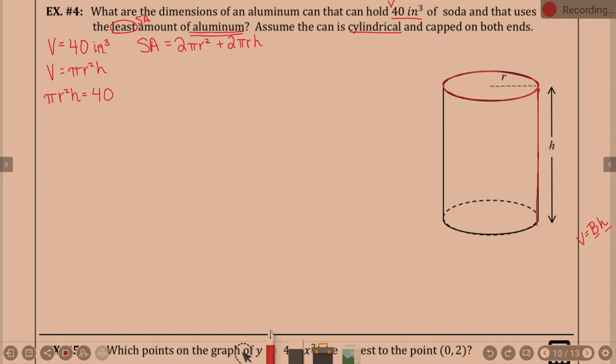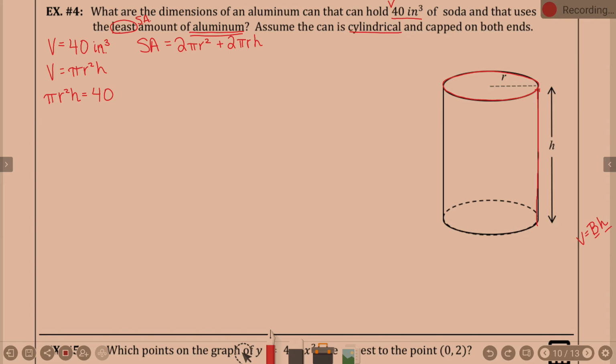Okay. So, surface area is our primary formula because that's what we're trying to minimize. Right now, it has r and h in it. I need it in terms of one variable. Well, I have my secondary formula, my volume formula, where I know what it equals. But it's also in terms of r and h.